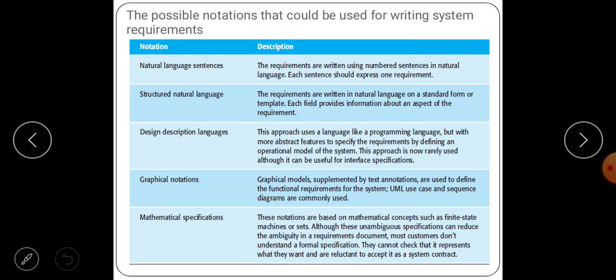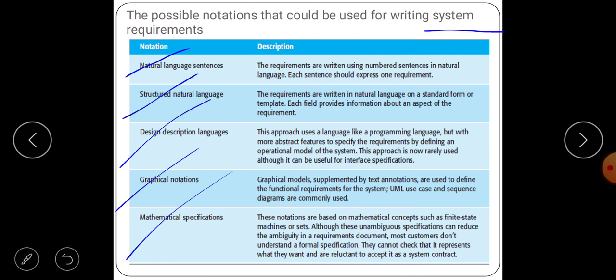I told that we should use natural languages, and designs like diagram notation we can use for writing the requirement. Okay, these are the five notations we can use for writing the system requirement.